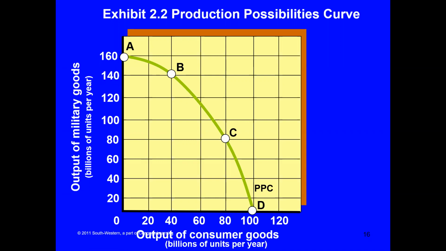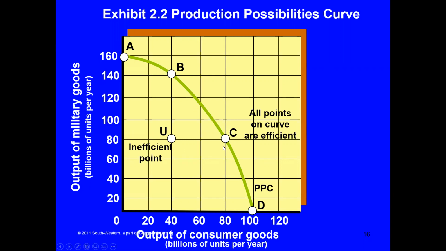Remember on the previous slide, any point along the line, so A, B, C, and D, we're along this green line. All of our resources are being used efficiently. All hands on deck, nobody's sick, all the machines are running just like they're supposed to. What about point U?